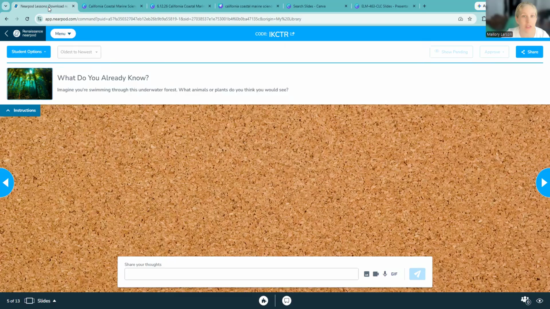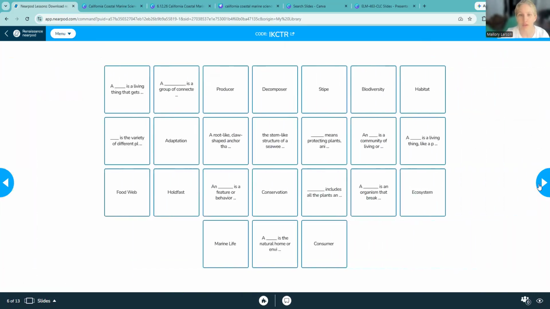Then using the Chromebook, this is where they are going to use the Nearpod link to do this lesson. Here they're going to imagine that they are swimming through our underwater forest, and what animals and plants would you see? This is all prior knowledge given the week before, when those ecosystems were introduced, as well as in both week 1 and week 2 of this topic.